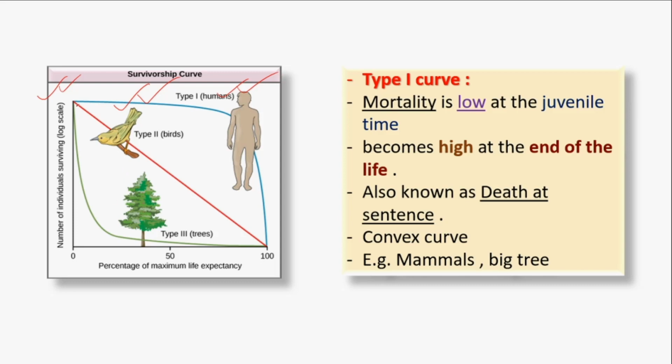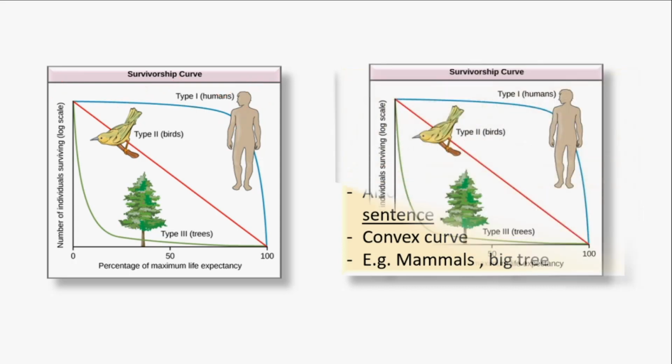As you can see, the first phase of life shows a low mortality rate, but after old age it certainly drops, that means there is a high mortality rate at the end of life. So this kind of survivorship curve is also known as death at old age, and it is a convex-like curve, and these curves are shown by mammals and big trees.